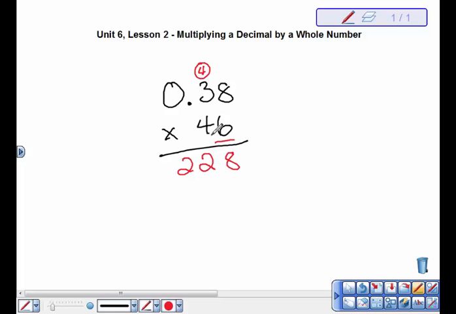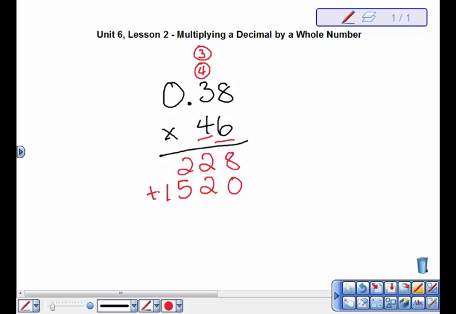I'm going to move over and work with the 4. That 4 stands for 4 tens, which is 40. So I'm going to put down the 0. Now I can just multiply regular old 4. Start by multiplying the 1s. 4 times 8 is 32. Put down the 2, carry my 3. 4 times 3 is 12. 12 plus 3 is 15.